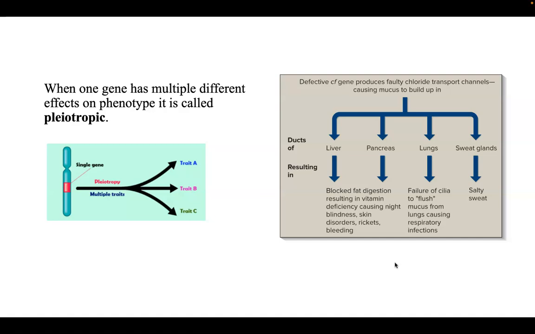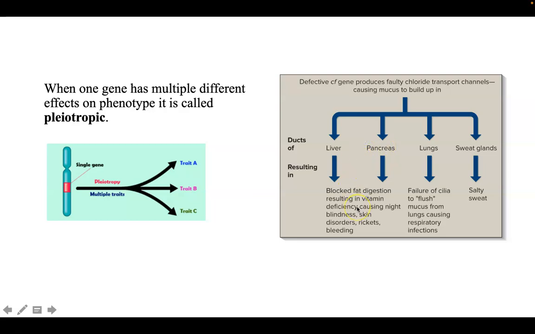On the other side, when you have one gene that has multiple different effects on a phenotype, that is called pleiotropic. So if you have one gene that is affecting multiple different traits, that is a pleiotropic gene. And the example we talked about in class was the CF gene, which produces faulty chloride transport channels and causes mucus to build up in the liver, pancreas, and lungs.